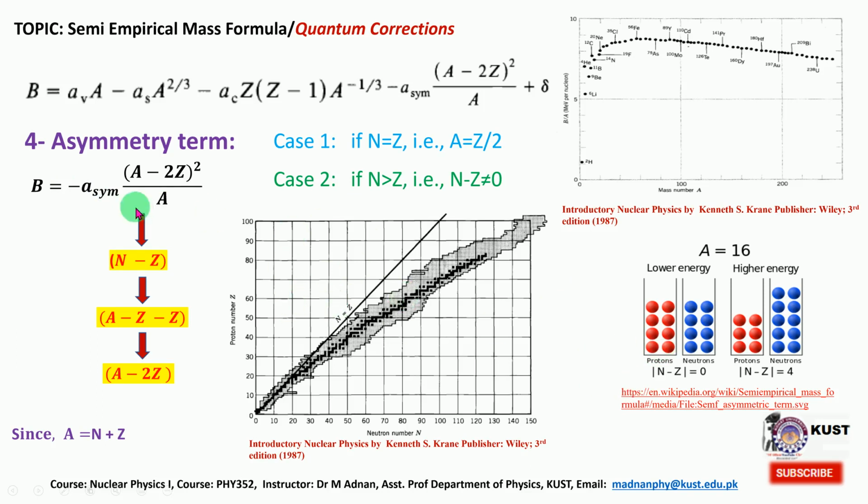Just to comment on this, while deriving based on the Fermi model, the first term contributes to the volume energy, and the second term, which is the square term, A minus 2Z, is due to the asymmetry term, which will be of this form. So we have explained the various aspects, but the complete derivation of how this form comes, we will do after the shell model.